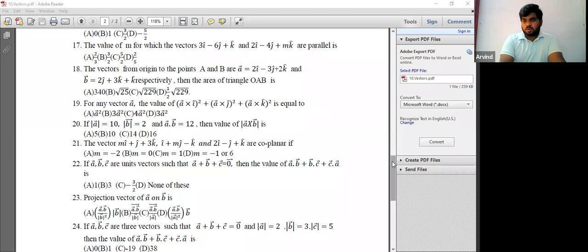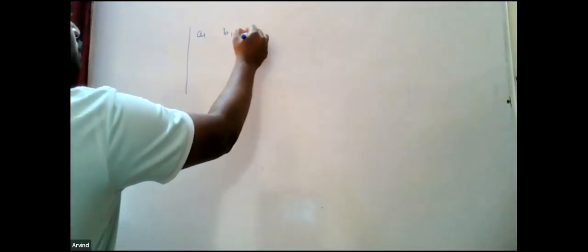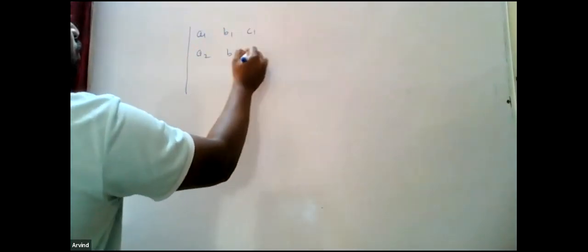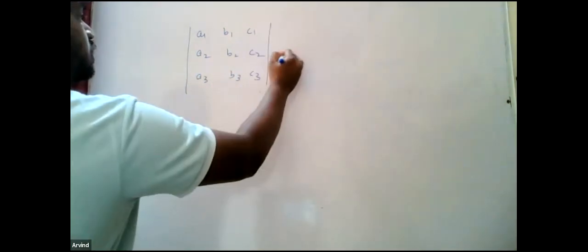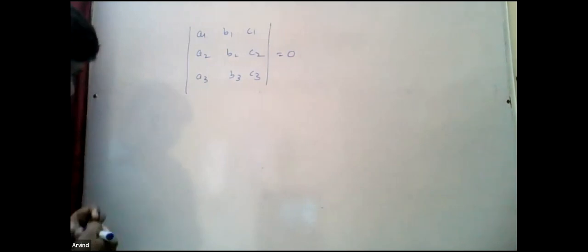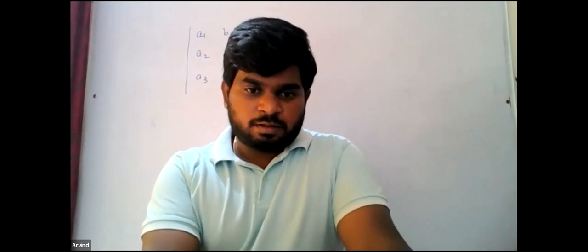The vectors are said to be coplanar if they lie on the same plane. If three vectors are in the same plane, we call them coplanar. The formula for coplanar is the determinant of, suppose 3 vectors, a1 b1 c1, a2 b2 c2, a3 b3 c3 is equal to 0. We did this in straight lines also, concurrent.